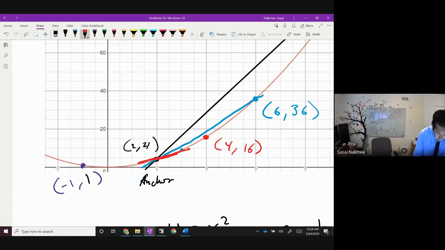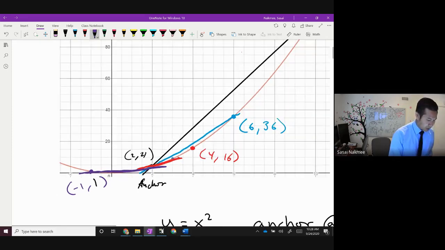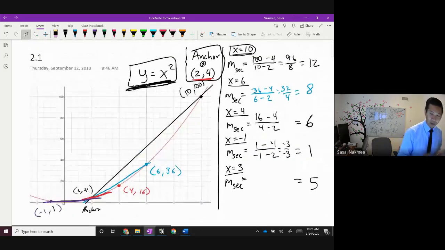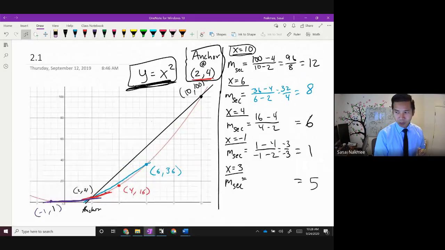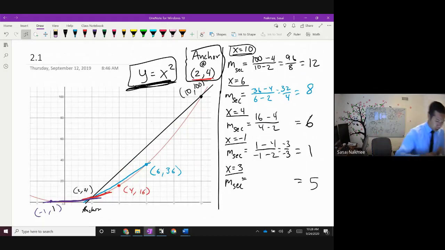Boom. See that? And then we did it one more time from -1 to 2. Boom, back there. So we calculated the slopes for these secant lines all the way through, moving it along as it gets closer and closer.